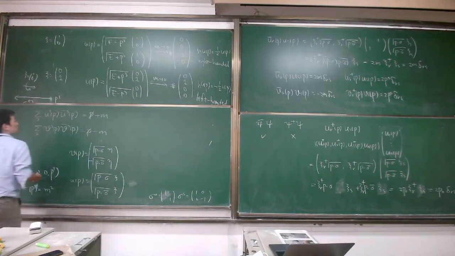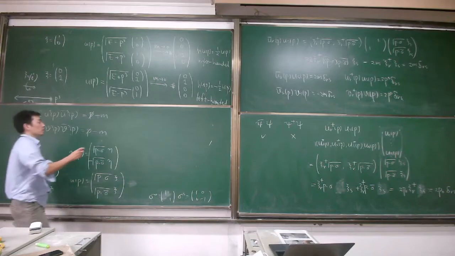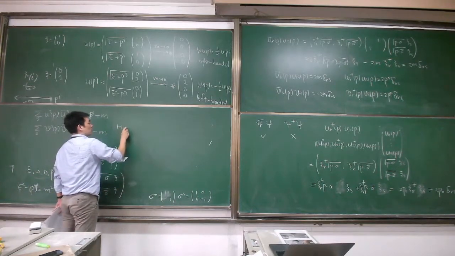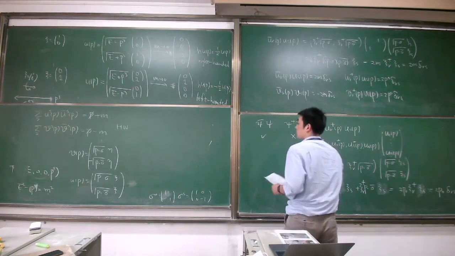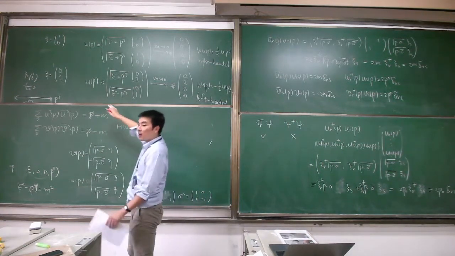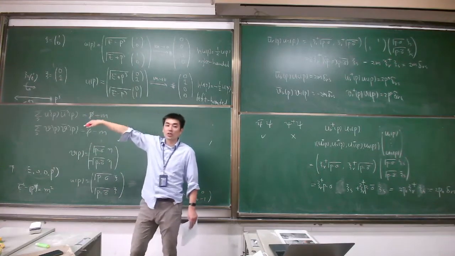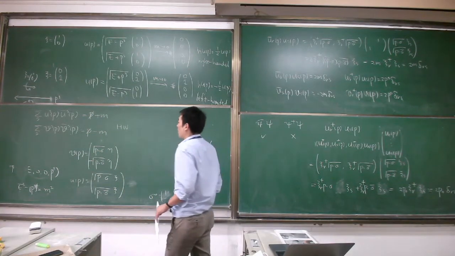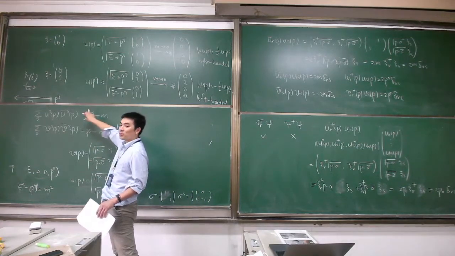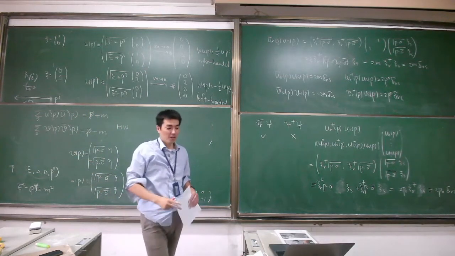Okay. So this is Homework 2. You have to show this. And this combination will appear when you do the Feynman diagram computation for amplitudes.